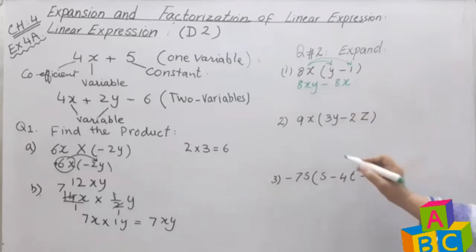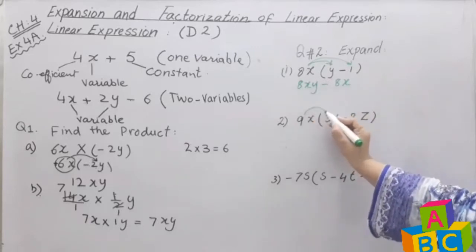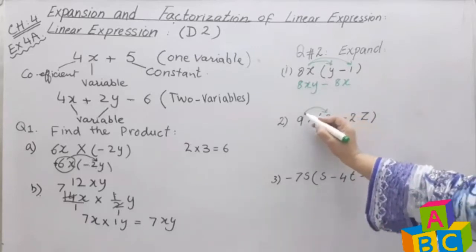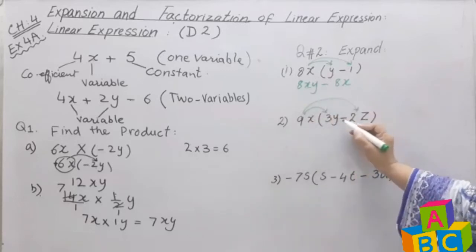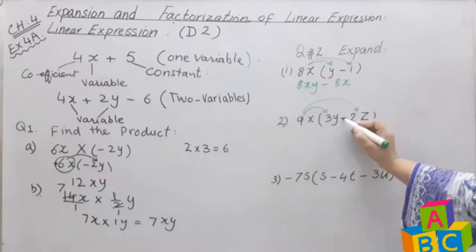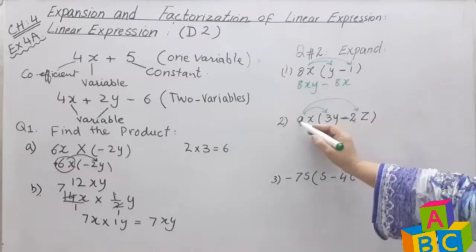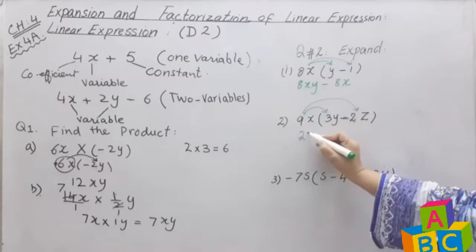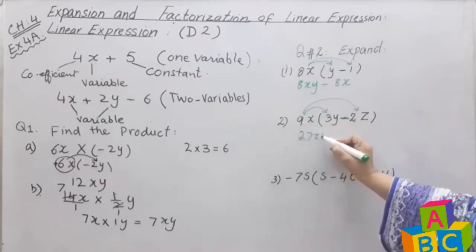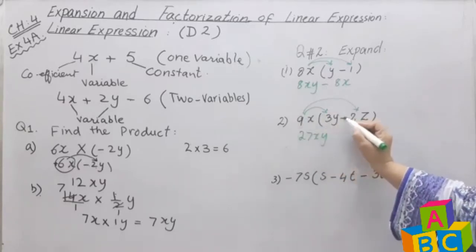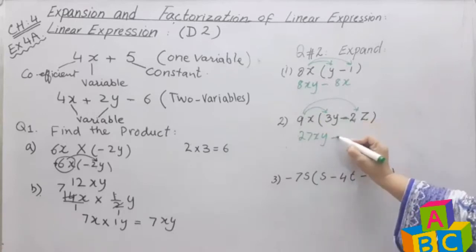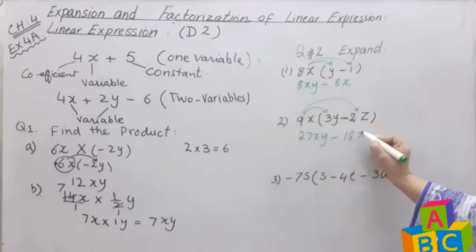This is your answer. In the second, 9x multiplied by 3y, and again 9x multiplied by minus 2z. This minus is part of this 2. So 9 threes are 27, xy, and 9 times minus 2 is minus 18, xz.